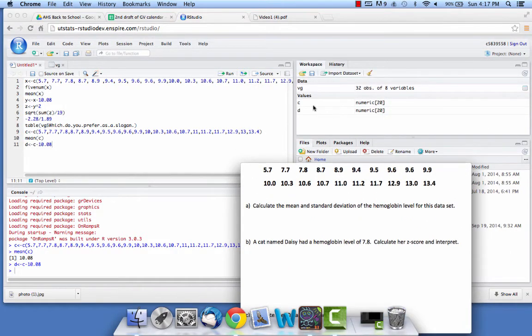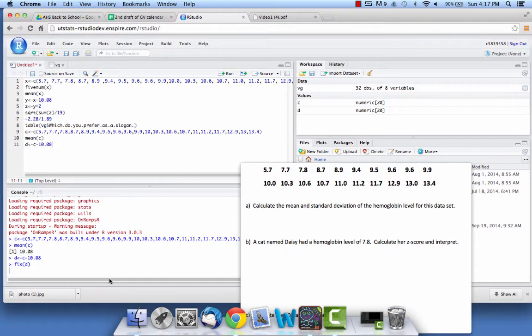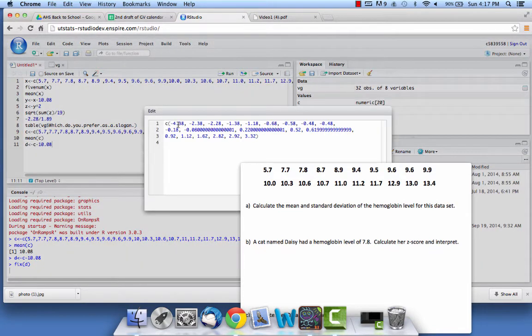So now I have 20 values for D, and if you look at these, you get minus 4.38. That's the 5.7 minus 10.08. Negative 2.38 is 7.7 minus 10.08, and so forth. So I just have a new list that's now deviations.